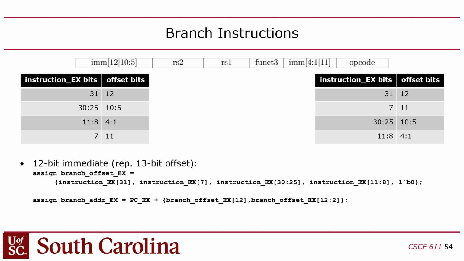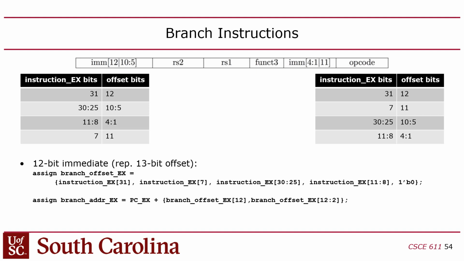Well, basically, the objective is to get a 12-bit immediate, right? You might say, why is it 10-bit? You've got 13 bits there. It says 12. Sorry, 11. It's 11 bits, rather. Sorry.